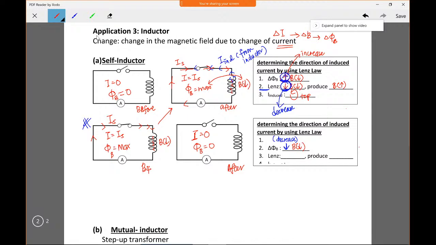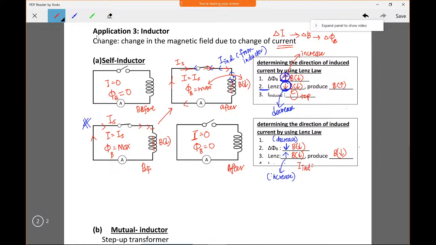So in order to oppose the change, what should we do? Since the change is a decrease, I increase. So increase this magnetic field which is moving downwards. If I would like to increase the magnetic field which is moving downwards, I should produce a magnetic field which is moving downwards. Finally, use your right hand grip rule to determine the direction of the induced current.